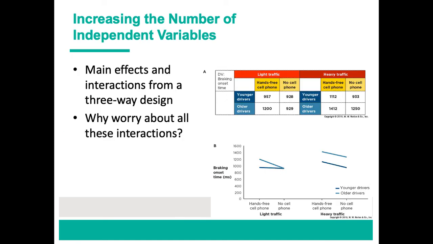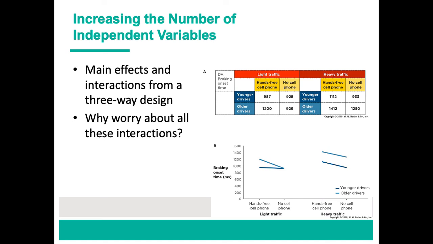So if you're increasing the number of independent variables, you may have a main effect from each one, as well as an interaction between the two variables and any extra variables that you might have. The important point here is that if you keep adding variables, you keep having distinctions that may or may not be important, or interactions that may or may not be important.